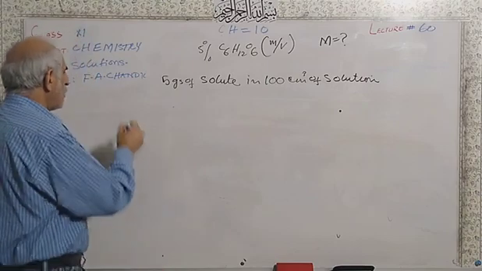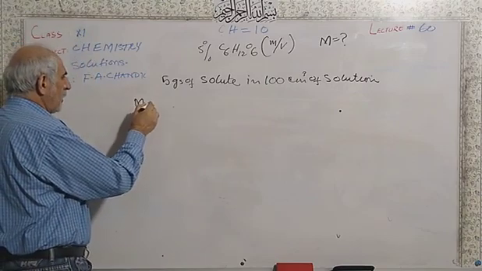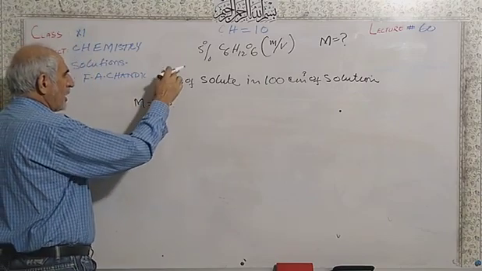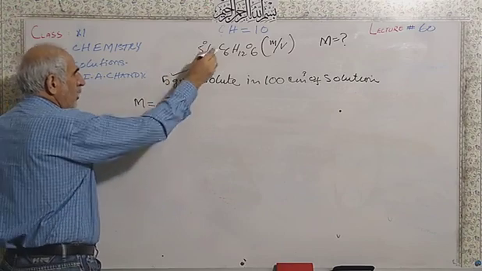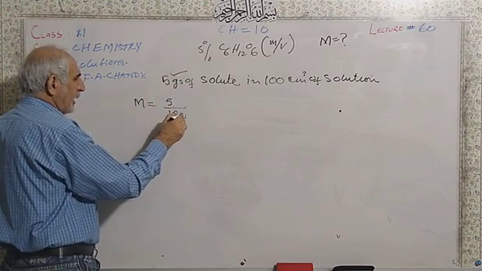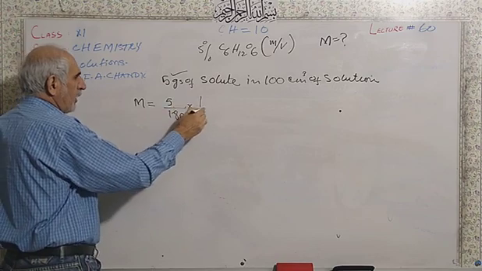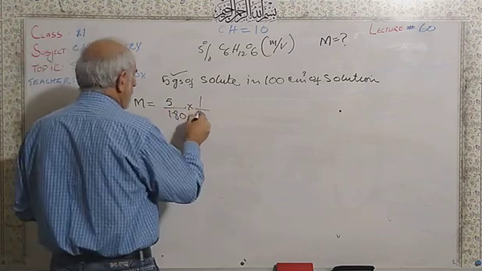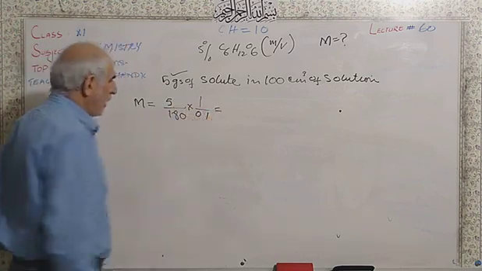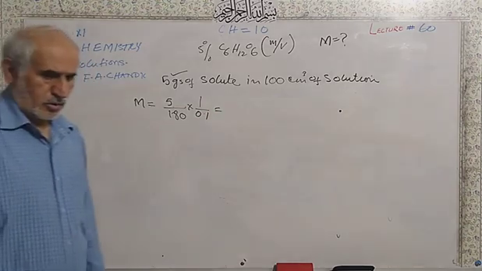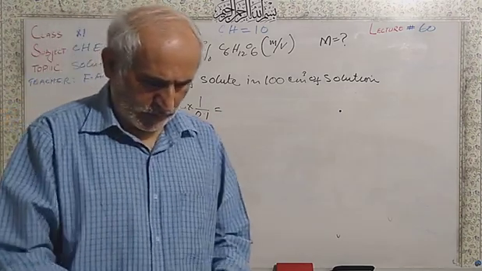This is a statement. So molarity will be equal to 5 grams mass of solute. Molar mass of glucose is 180. Multiply by 1 over 100 means 0.1. You will get the answer.